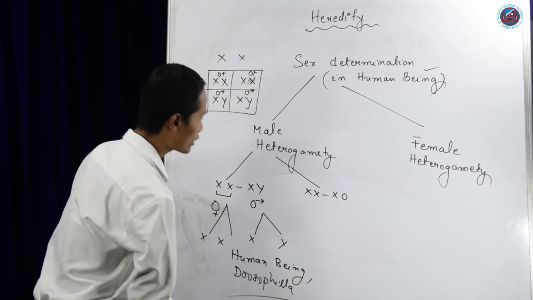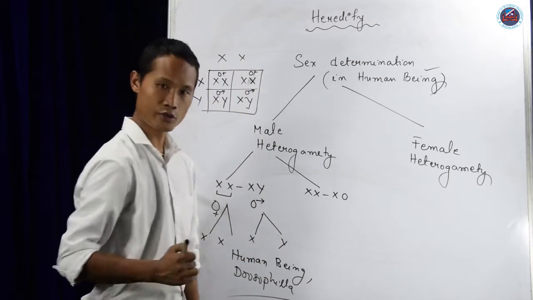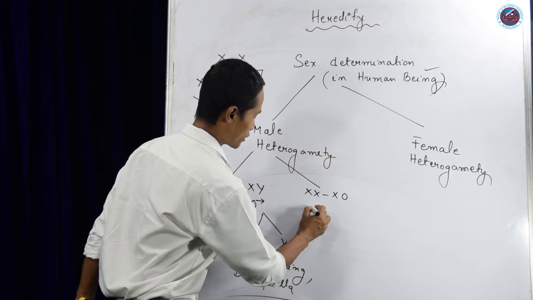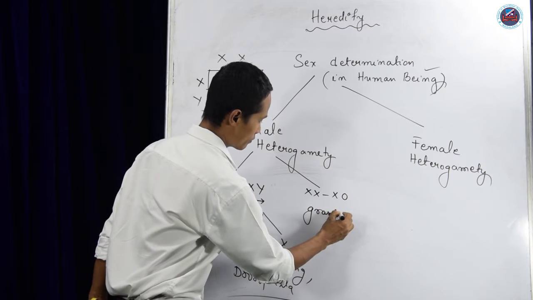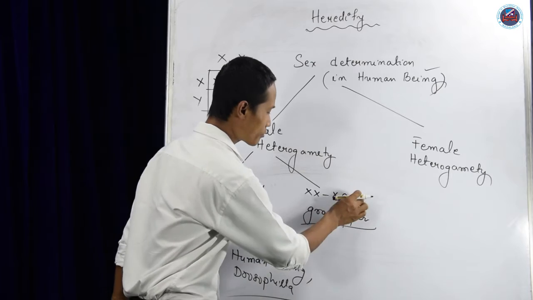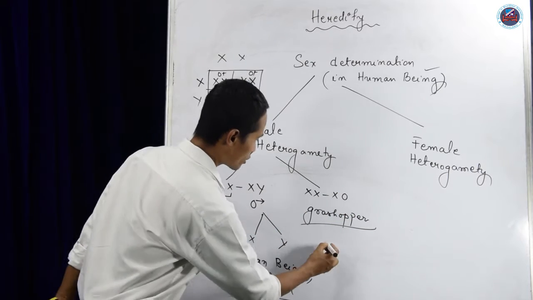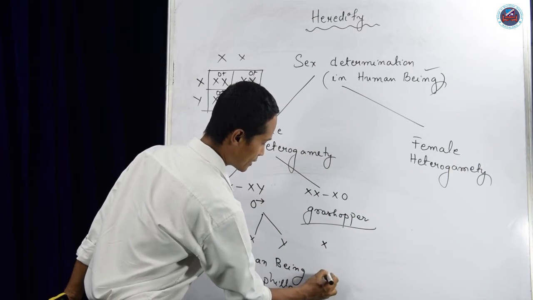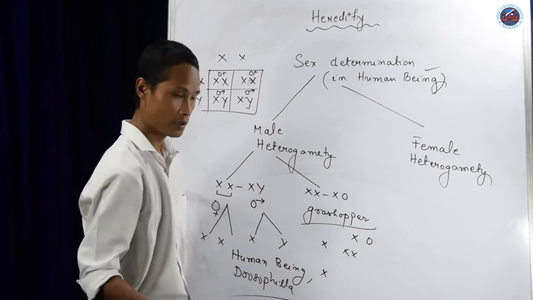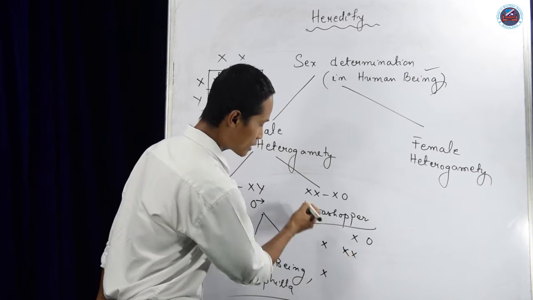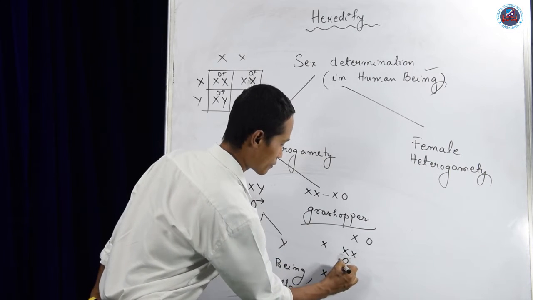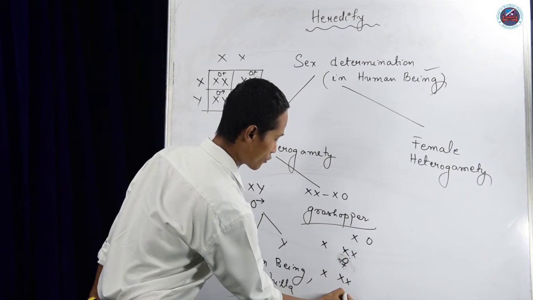A fruit fly. Now this XO type of mechanism is seen in grasshopper. I'll just make a Punnett square. So X, then X0. What do we get? XX. XX means female. X and X is also female.